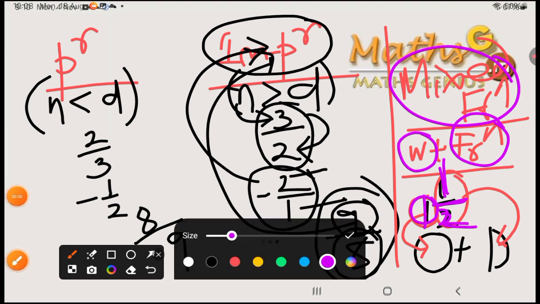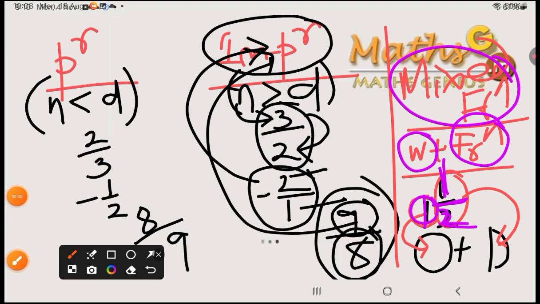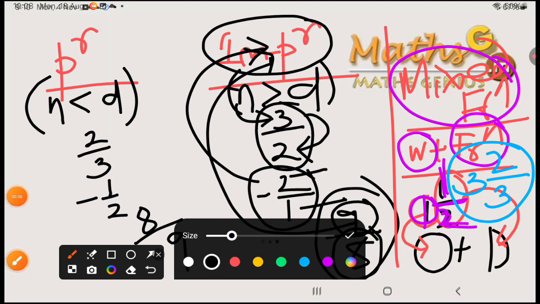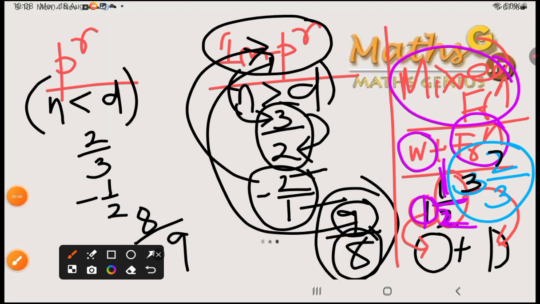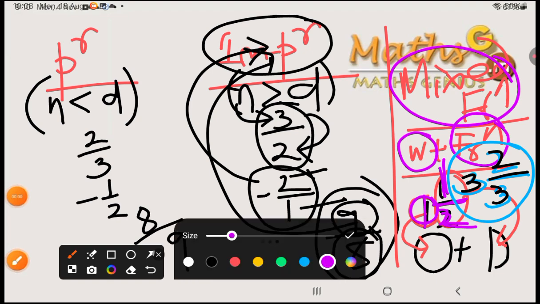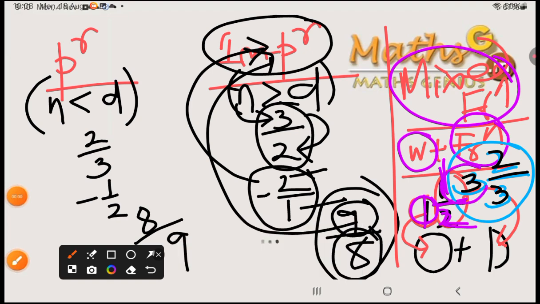Similarly, another example of a mixed fraction. I am overwriting over here: 3 whole 2 by 3. Here again, what is the whole number part? 3.